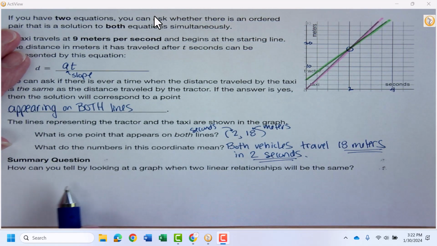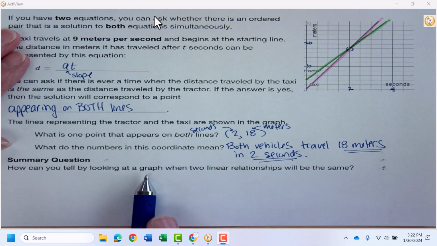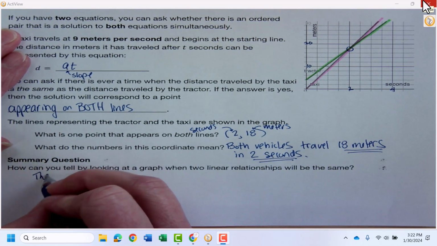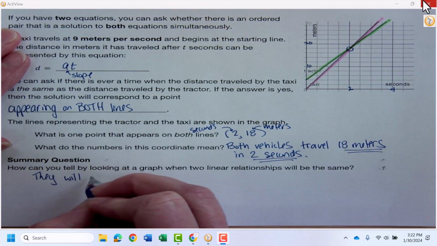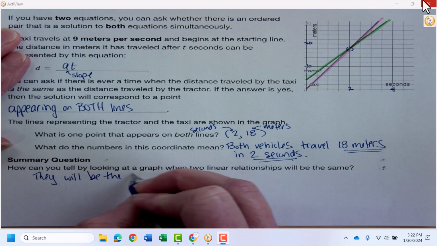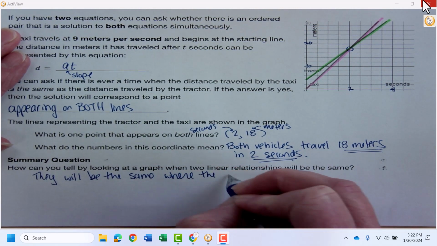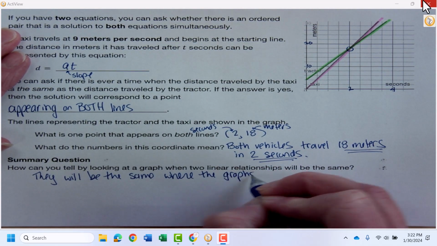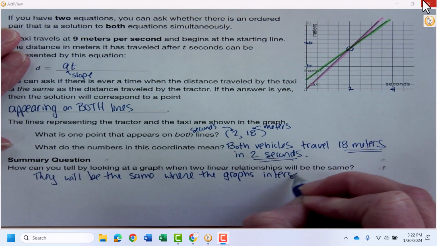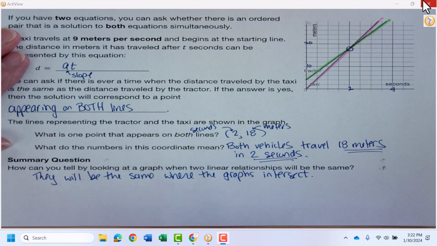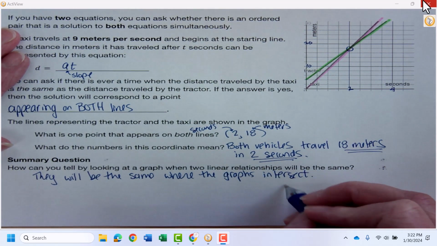So what we're seeing here is that you can tell by looking at a graph when two linear relationships will be the same, because they'll be the same where the graphs intersect. That's what we're looking for, a solution to our system.